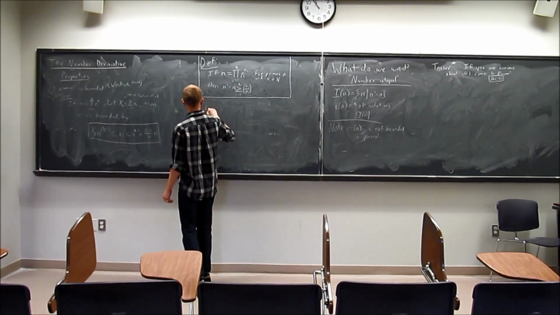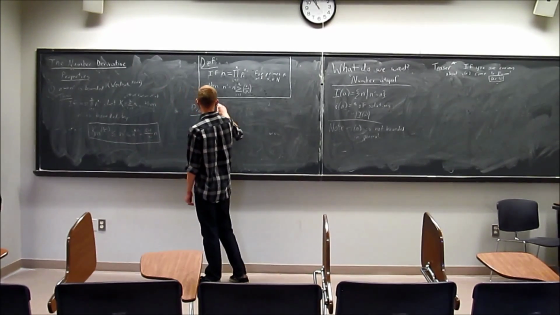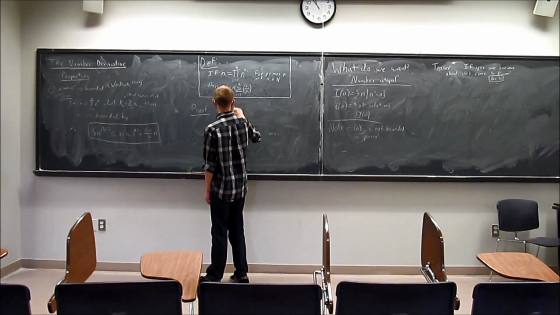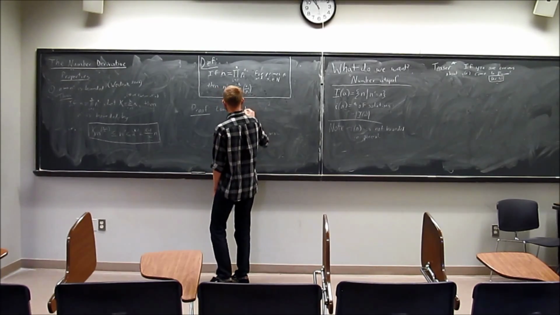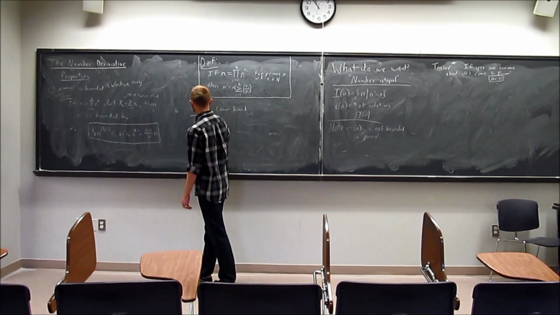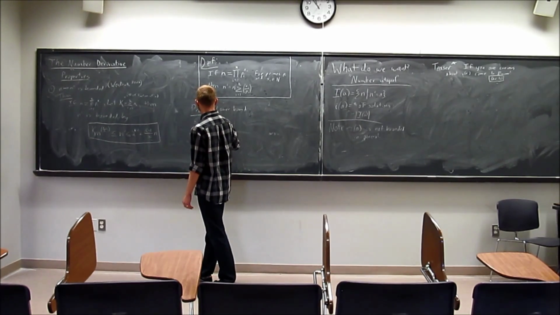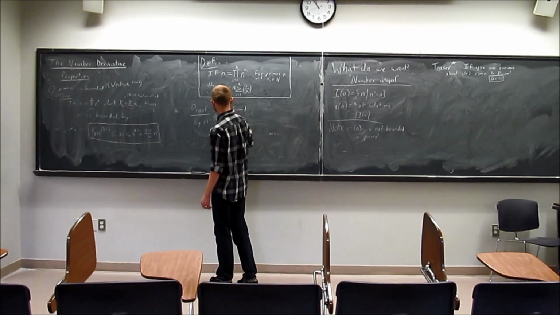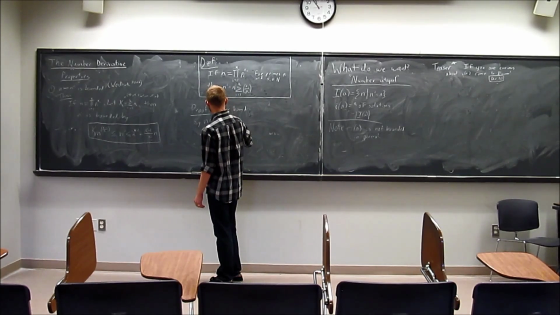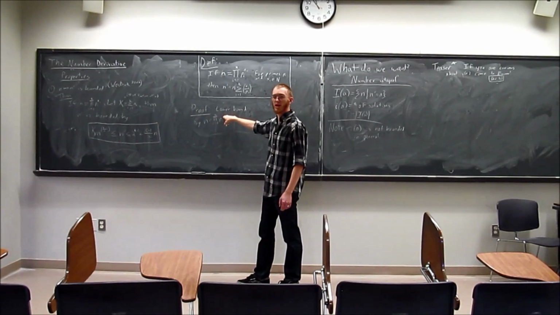Proof. So this is the proof of the lower bound. So let's say that n is the product, i equals 1 to k, of p sub i, and we're going to assume that there are no exponents on this.